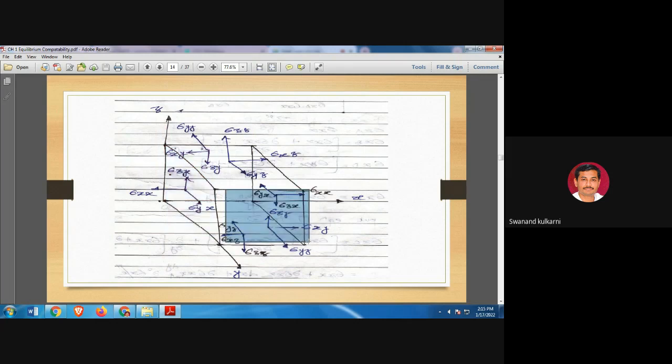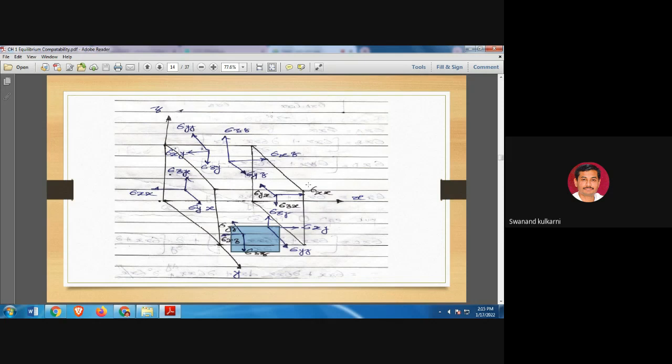Including the top surface and the bottom surface, there are all six surfaces. On each and every surface, three components of forces are shown, so three components on each of six surfaces gives a total of 18 stress components.